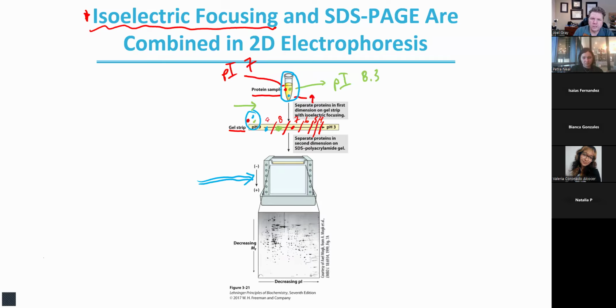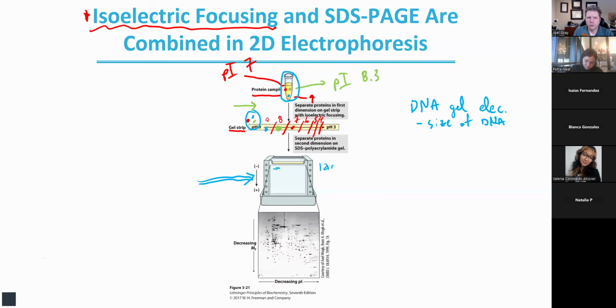So gel electrophoresis, like DNA gel electrophoresis, you're going to separate based on the size of the piece of DNA. The larger pieces of DNA are going to get stuck at the top of the gel.